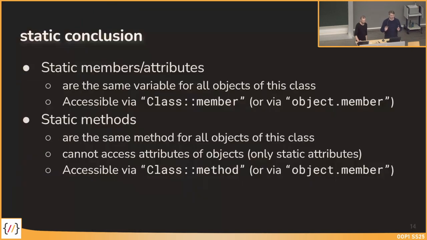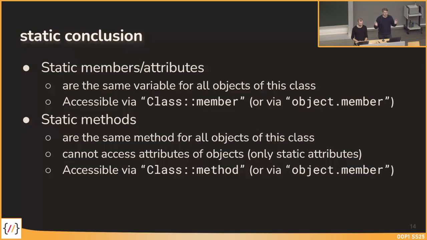But yeah, important regarding static. You can have static members or attributes, and you can have static methods. Static attributes or members have the same value, so the variable has the same value for all objects of the class. It's object independent, and you can access them via the class name, then the scope resolution operator, and the name of the member variable, or you can also do it via the object name.